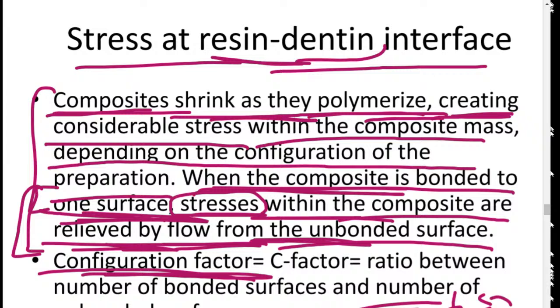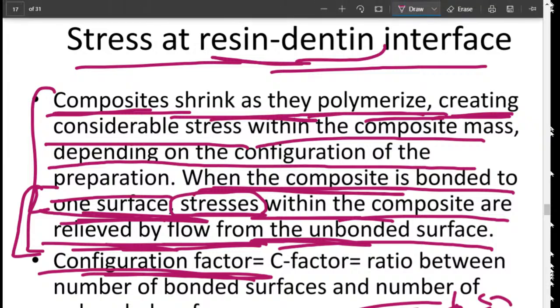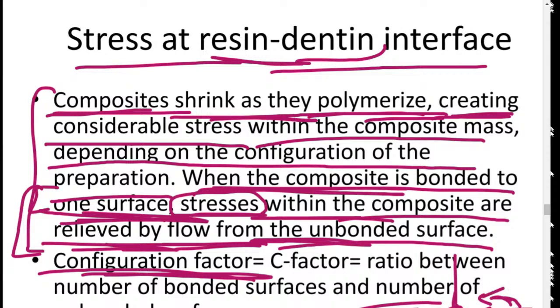And the only occlusal wall, this one here, would be unbonded. In this case 5 to 1. Again 1, 2, 3, 4, and 5 bonded walls.